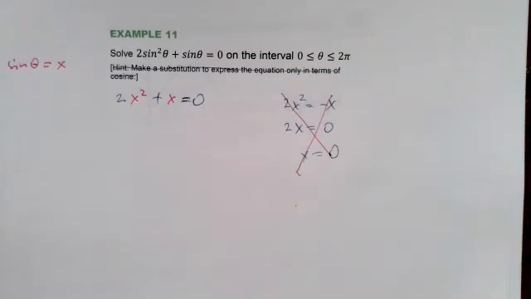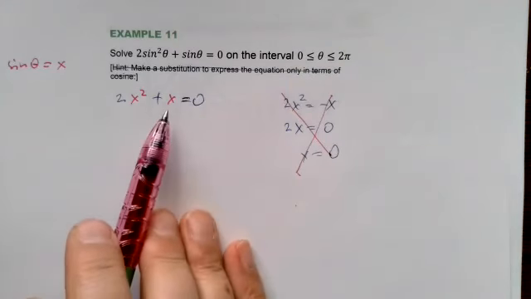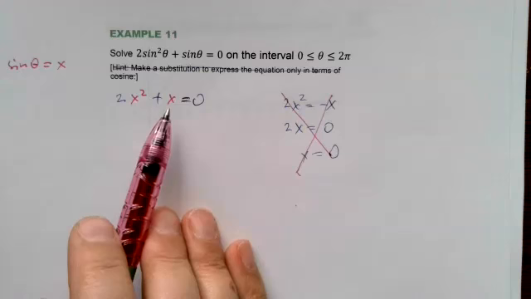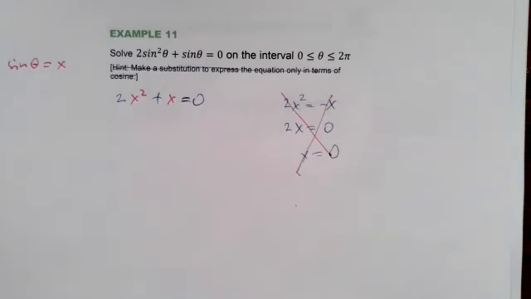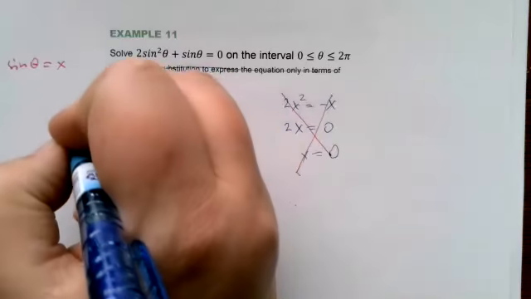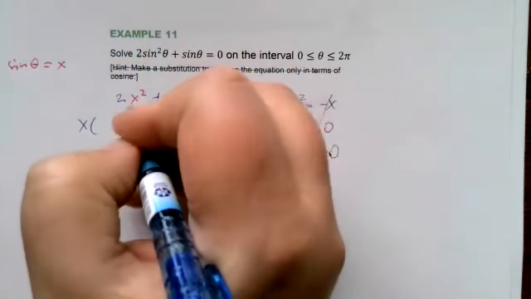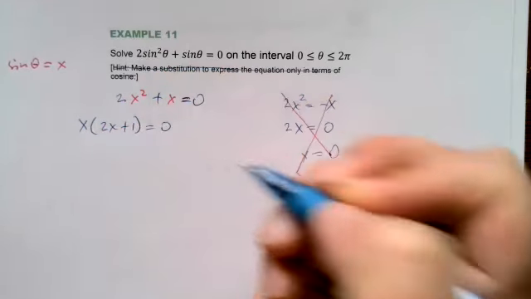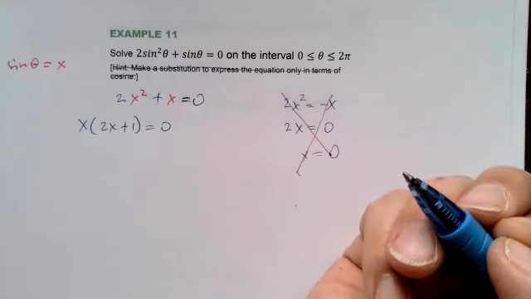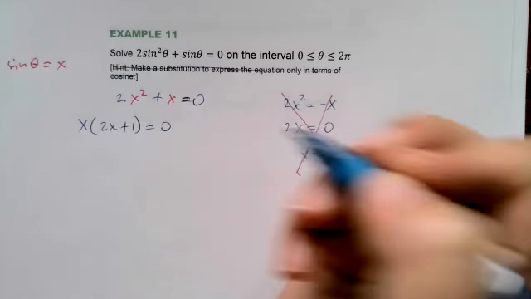Don't do it, because the way we solve these types of problems, we're solving them by factoring. Instead of dividing x out, we're going to factor x out. So we're going to have x on the outside, and then inside we have 2x plus 1 equals 0. And that will give us two equations.